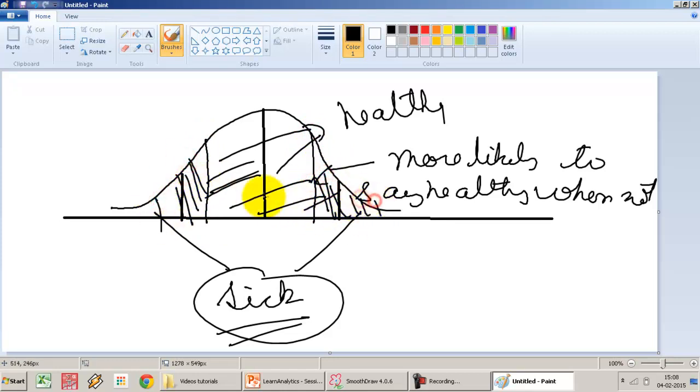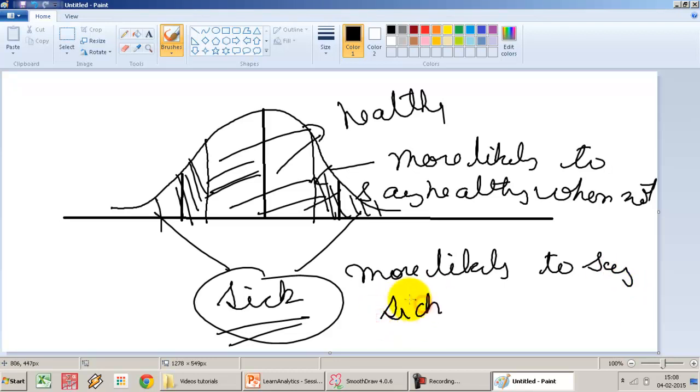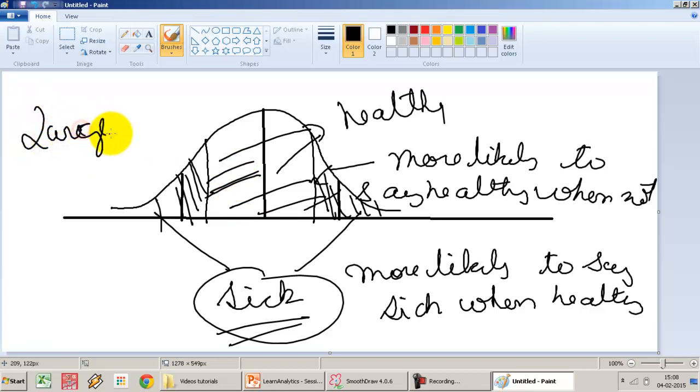In this case, I'm more likely to say sick when actually healthy, but my type 2 error goes down. So in this case also, having a large alpha, where alpha is the size of the rejection region, is helpful.